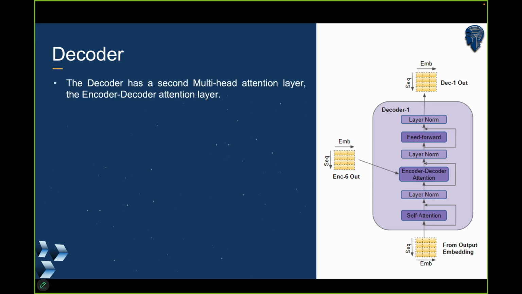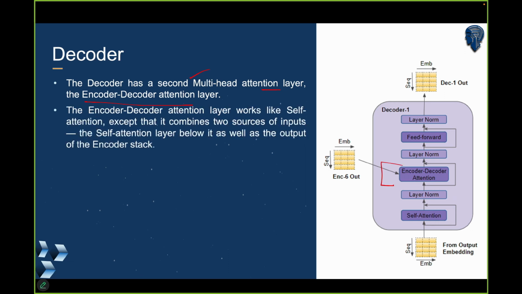The decoder has a second multi-head attention layer, the encoder decoder attention layer. This is what I'm referring to here. The encoder decoder attention layer works like self-attention, except that it combines two sources of input: one is the self-attention layer below it, as well as the output of the encoder stack.